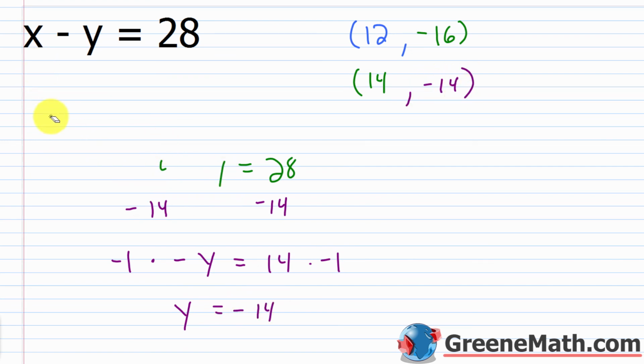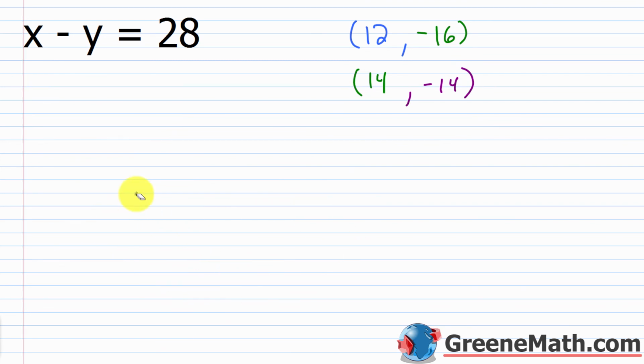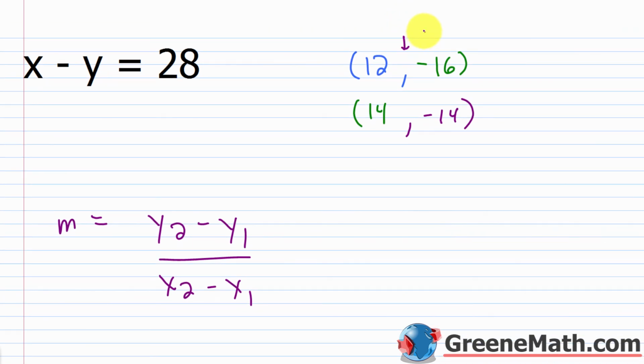All right, so now let's plug into the slope formula. The slope formula, again, we have m is equal to y sub 2 minus y sub 1 over x sub 2 minus x sub 1. So let's say this is x sub 1, y sub 1, and this is x sub 2, y sub 2. Then my y sub 2 is negative 14. My y sub 1 is negative 16. My x sub 2 is 14.